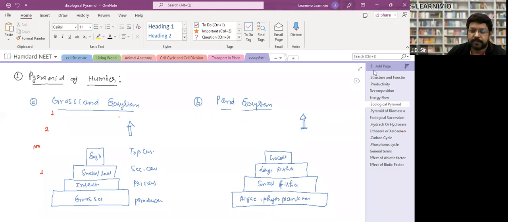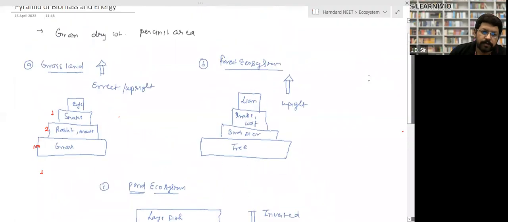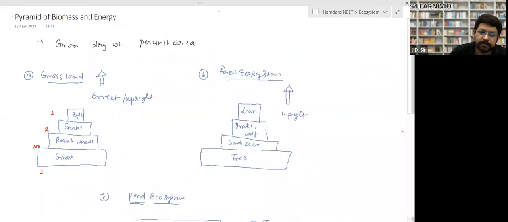Pyramid of biomass. When we talk about the pyramid of biomass, here we take the gram dry weight per unit area. What is that? Suppose there is a 1 meter square area. In it, there is 100 kilogram of green grass.